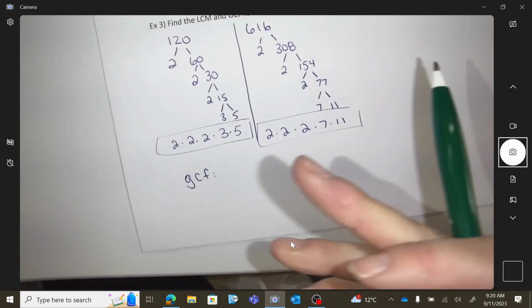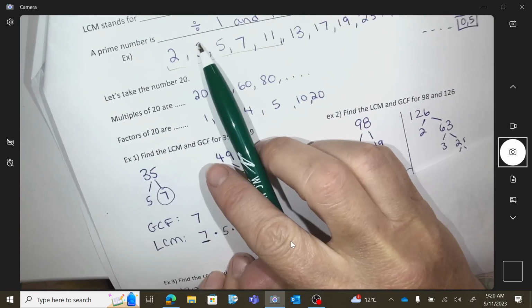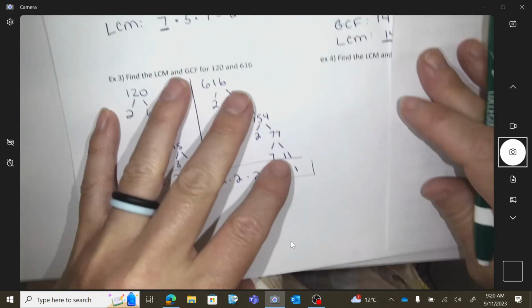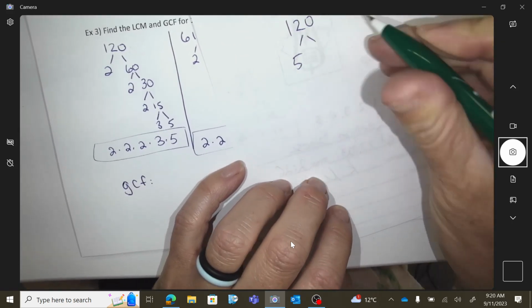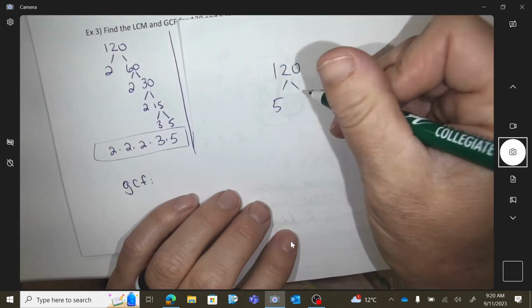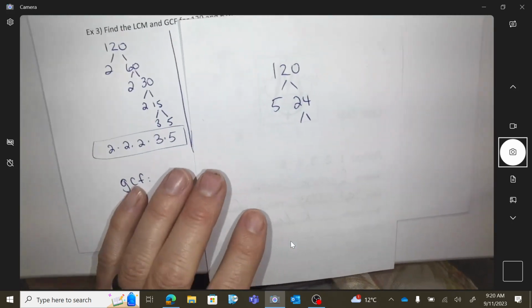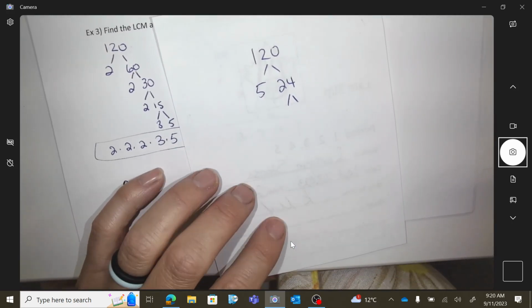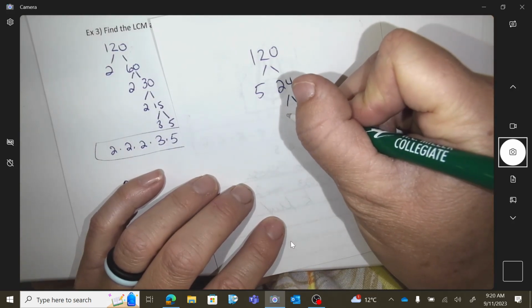That's why I always just kind of try to start at the 2 until I have the 2s done, the 3 till I have 3s done. But if you do it by 5, so 120 divided by 5 is 24. And then what did you do the 24 by? 2 probably, or 3?